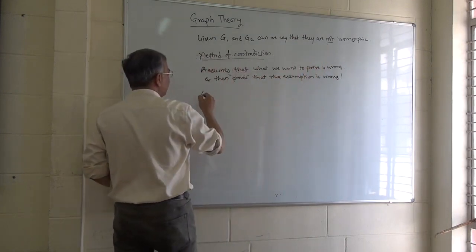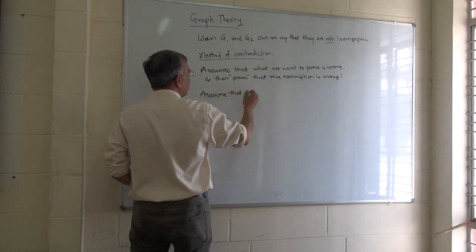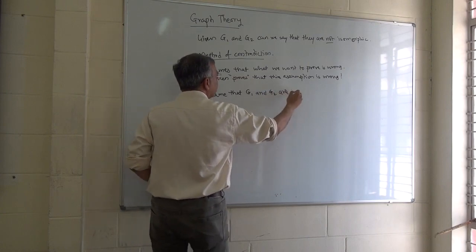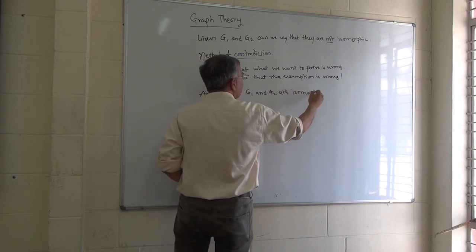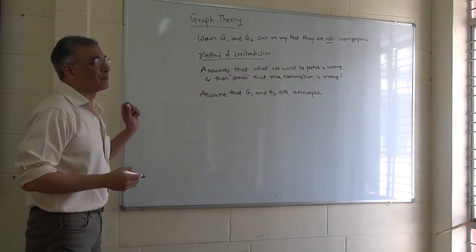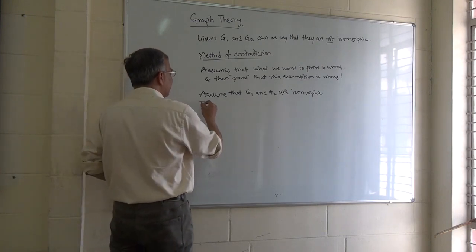That means we assume that G1 and G2 are isomorphic. And then we prove that this cannot happen. So therefore they cannot be isomorphic. So how do we prove that this cannot happen?